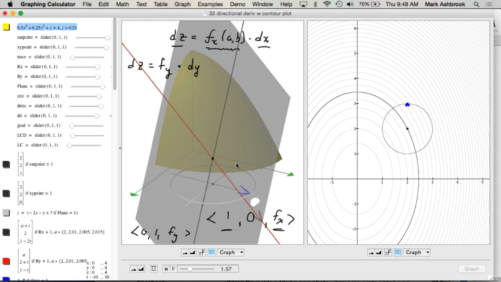The point is 2, 2, 1. In the x direction, we got the direction vector 1, 0, partial with respect to x. In the y direction, we have the vector 0, 1, partial with respect to y.